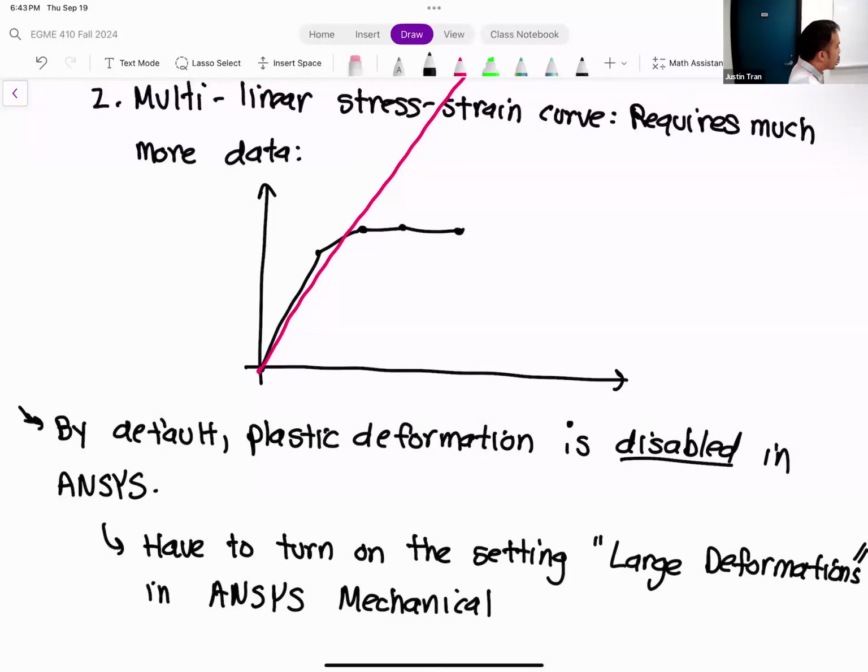If you turn that setting on for large deformations, then your simulation will start to account for plastic deformation.